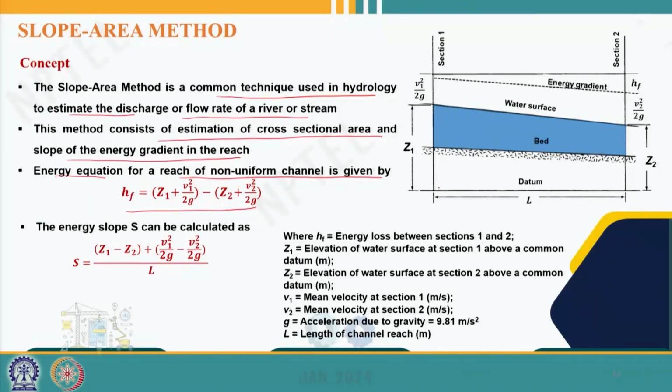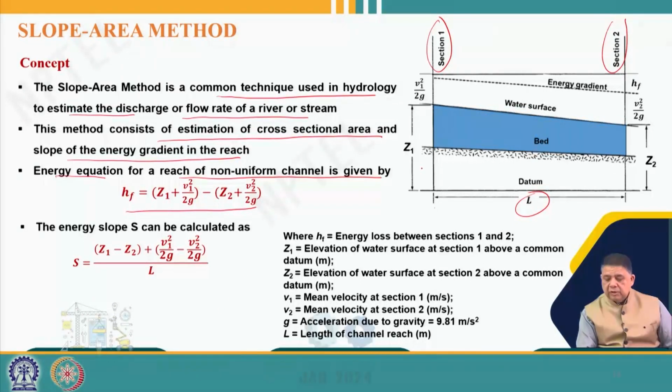So, basically here we select a channel reach, that is the upstream section, section 1, and section 2, the downstream section, at a distance of L, and then of course, we have to have various measurements in order to be able to use the energy equation.